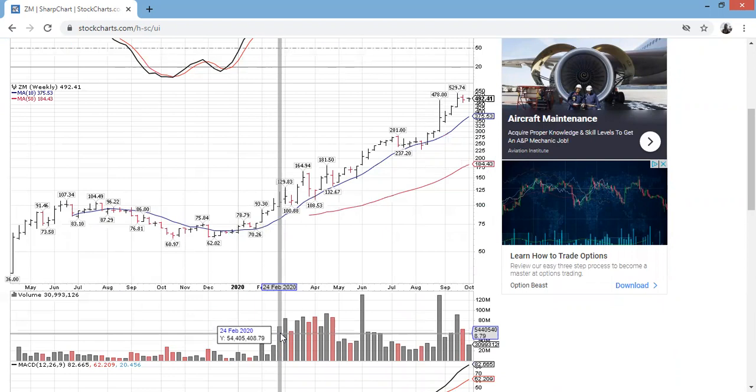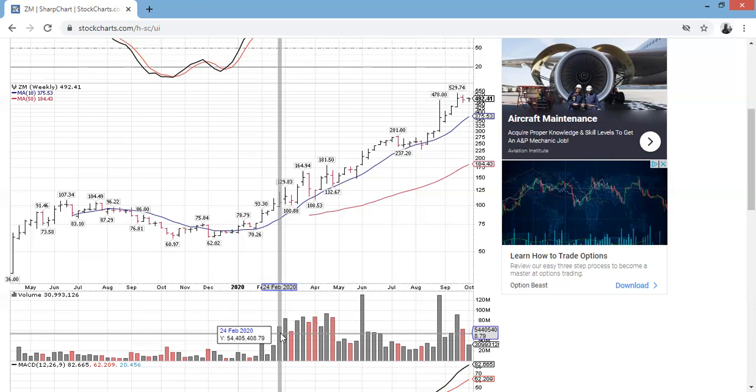Now, the importance of the volume in your trading is that you're following the big institutional investors that are investing in stocks. And the reason that you want to do that is because the big investors are the ones that move the price of the stock.